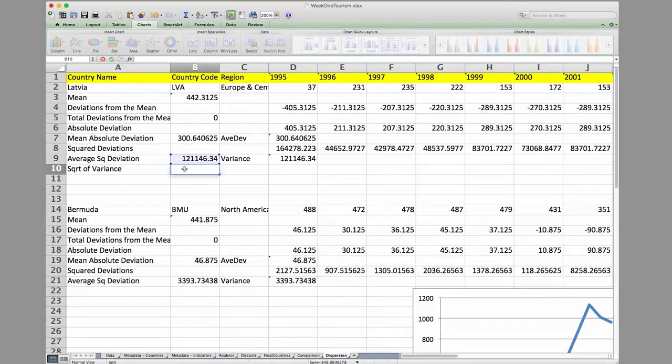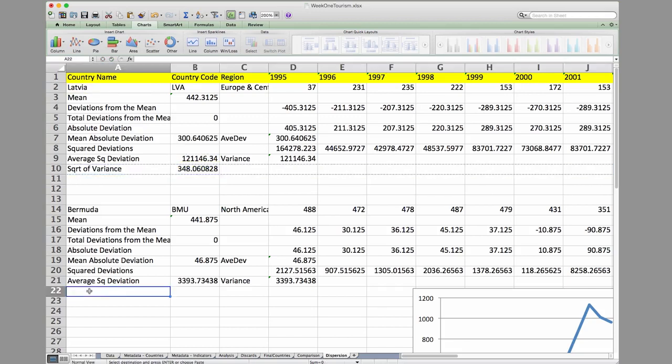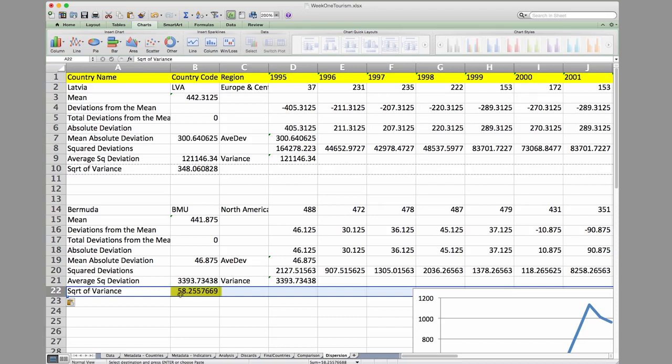I'm going to use the square root function and apply it to this number over here. I get about 348 or 350 if we were to round off for Latvia. For Bermuda, I get about 58 or roundabout 60. So that's 350 for Latvia and about 60 for Bermuda.